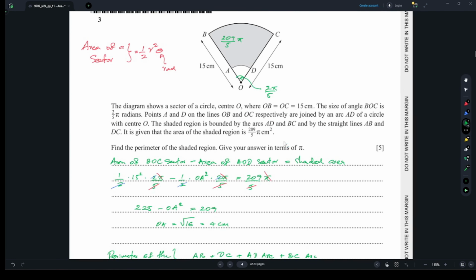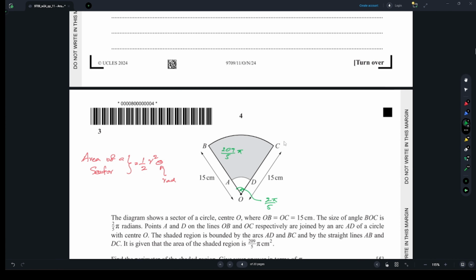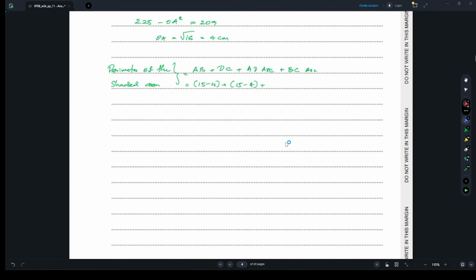And then you should know again how to calculate the arc. The arc length we calculate by taking r theta, radius times the angle. So if you take the small one, the radius is 4 and the angle is 2 pi over 5, plus for the bigger one, it is 15 times 2 pi over 5.